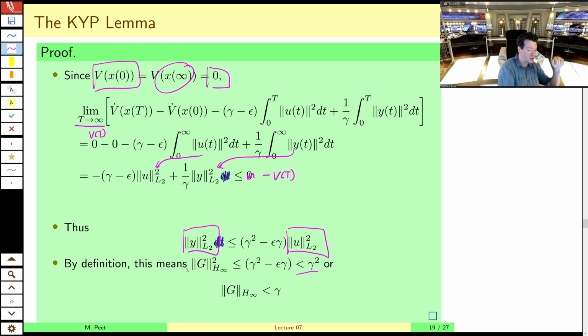And so we just take the square root of the whole thing, and we get that the induced norm of G, which is the H infinity norm of the transfer function, is less than gamma. So we proved that the induced norm of the system is less than gamma, and that implies, of course, that the H infinity norm of the transfer function is also less than gamma.